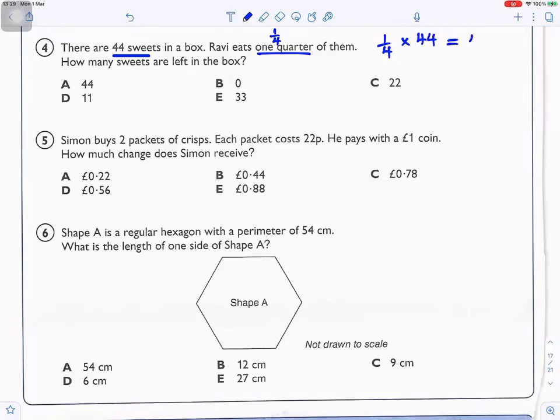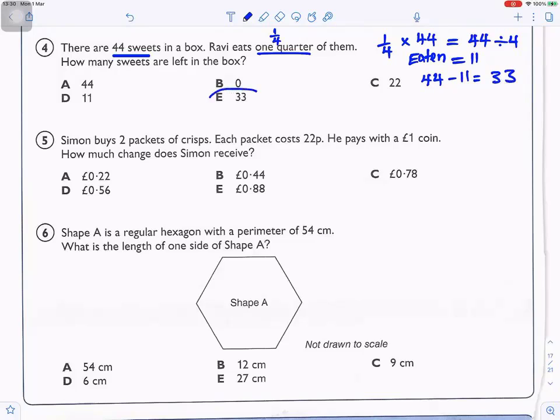You can interpret it as 44 divided by 4, which gives you 11. So that means Ravi has eaten 11 sweets. How many is left? So it's 44 minus 11, which is 33.